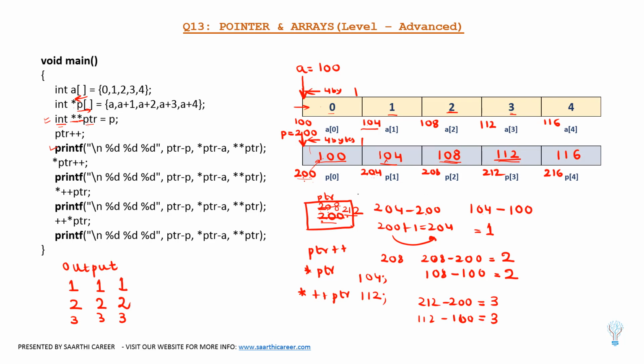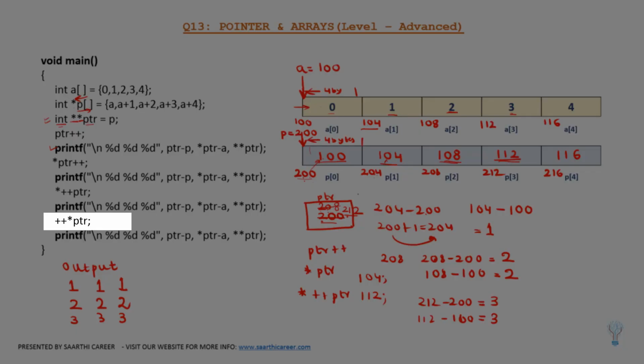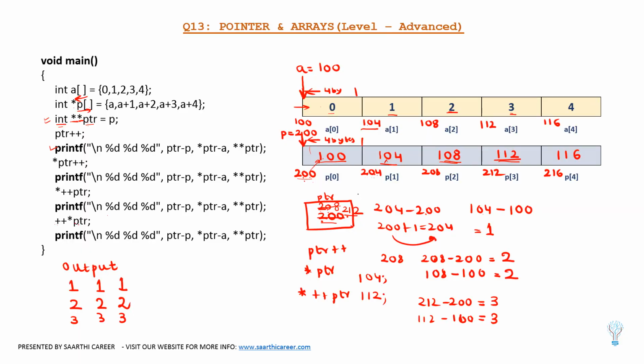And the final one is ++*ptr. Here we see that star is touching ptr, but plus plus isn't. So this expression is more like plus plus, bracket open, star ptr. ptr was 212. Star of 212, I am at this location and I'm doing plus plus on this, which will change the value to 116, because these are values which are pointing to integers, and if I do 112 plus 1 it should change it to 116.